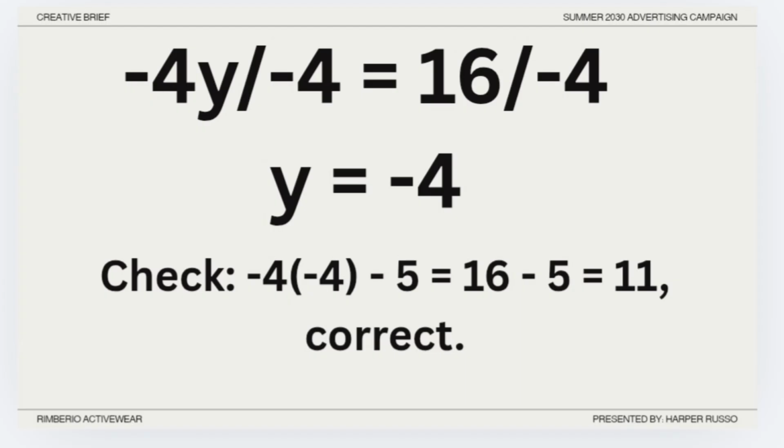Remember, dividing by a negative doesn't affect the equality here since it is not an inequality. -4y over -4 = 16 over -4. Finally, the result is y = -4. Then check the result by substituting -4 for y. -4 times -4 - 5 = 16 - 5. Finally, the result is 11.